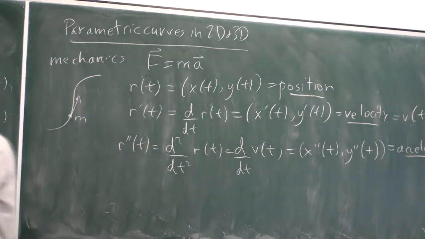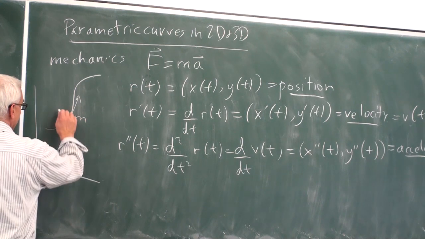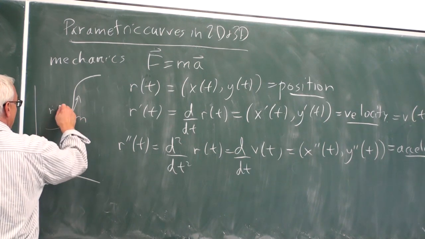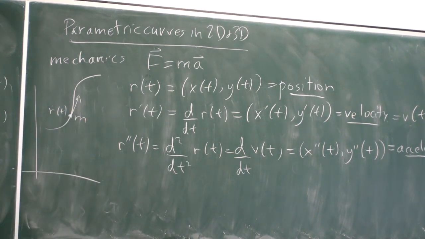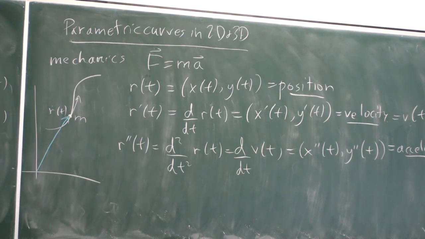All right, so it's important to have a little bit of a physical understanding of the meaning of these things. We're talking about vector quantities here. So if our particle is right here at a particular point, say r of t, we're talking about a vector that's joining the origin to the point in question. That's the basic vector that controls the position, and it's changing with respect to time.